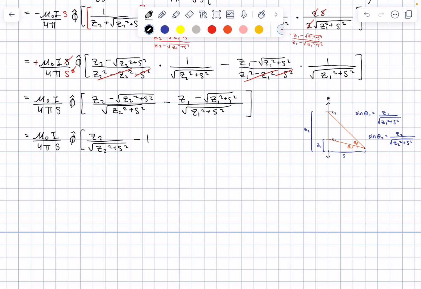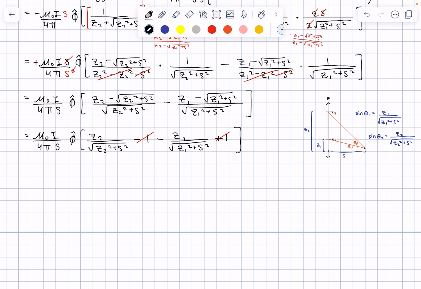So minus 1, and then minus z1 over the square root of z1 squared plus s squared, and then it'll be minus 1, but our negatives will distribute, so we'll have plus 1. And then these 1s will cancel.